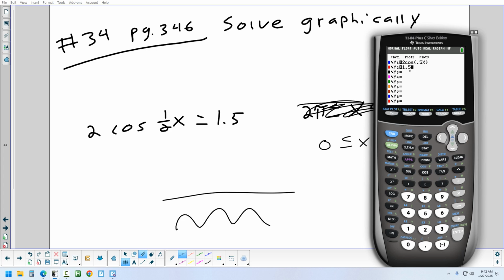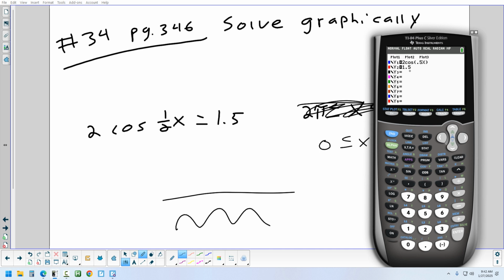What do you think? Would the cosine function normally hit a horizontal line at 1.5? No. No? How come? Because, oh wait, no, never mind. It will. I like your first answer better. Let's stick with that.